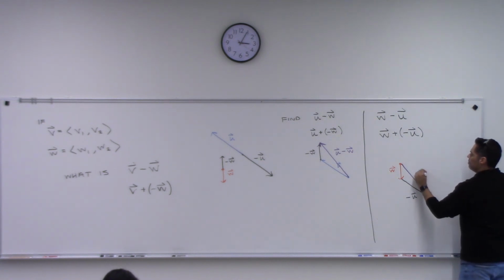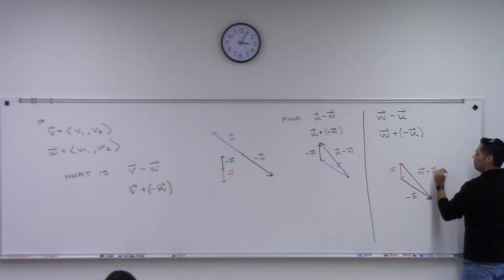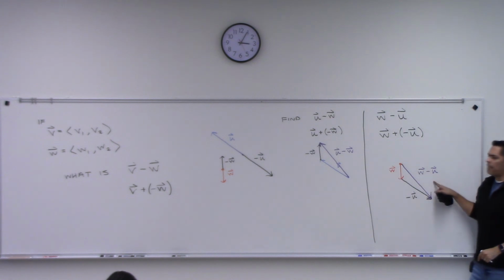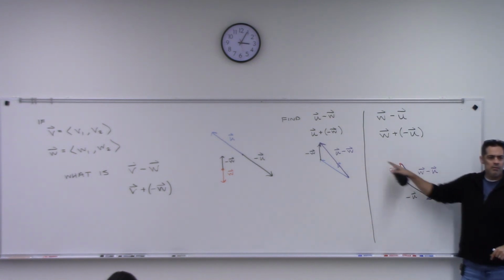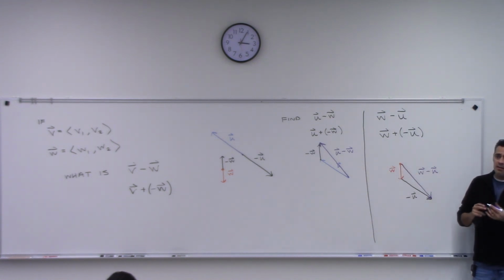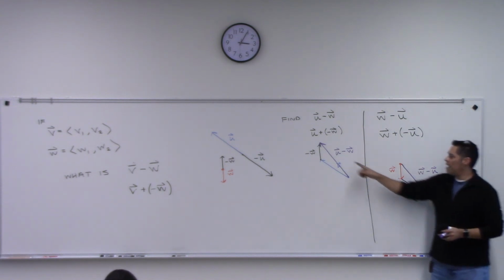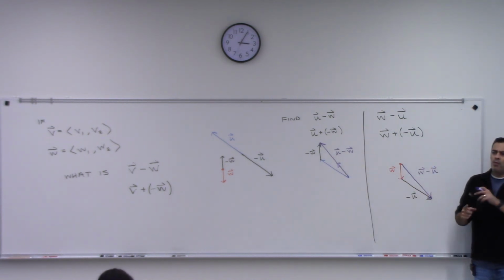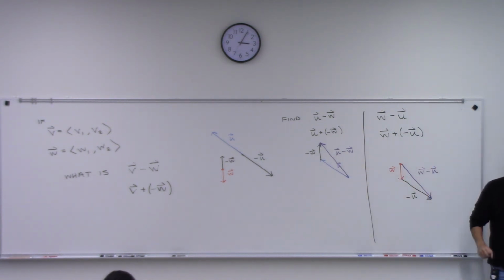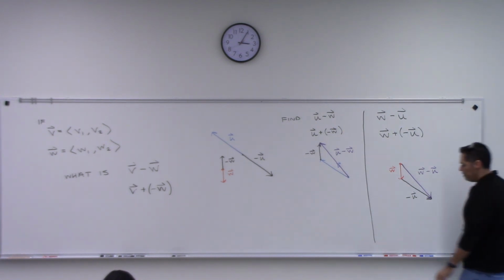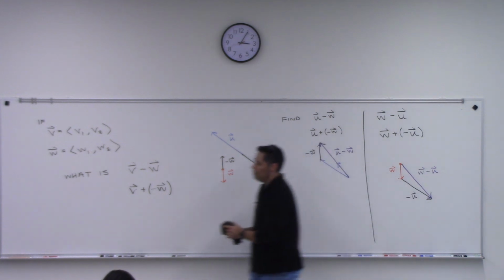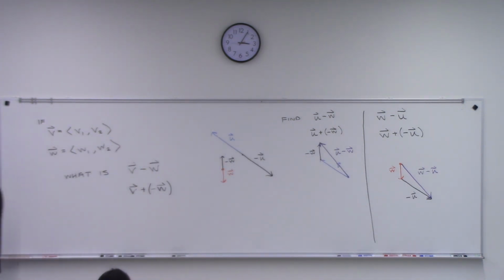That is w take away u. Are these two the same? No. They are opposites though, right? They appear to have the same length, but they're pointed in opposite directions. Okay. You all doing all right? Yeah? We continue.